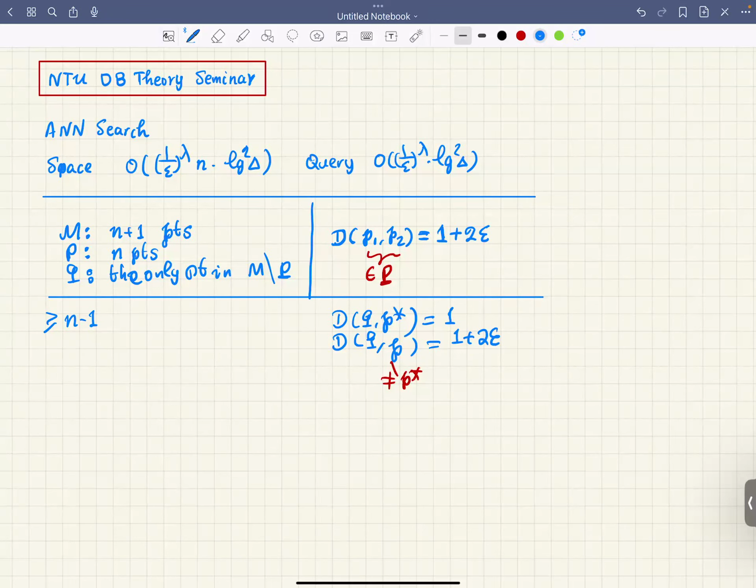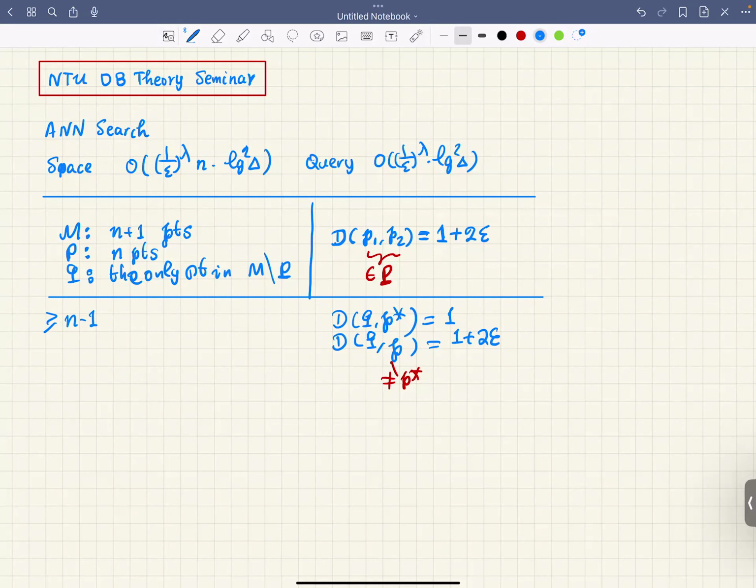You give me a data point P and request a distance evaluation. Your distance evaluation always involves Q, because for P1 and P2, you have already seen this in pre-processing. You don't have to ask me, you have already got that for free.